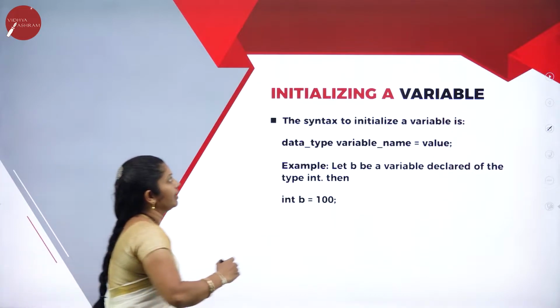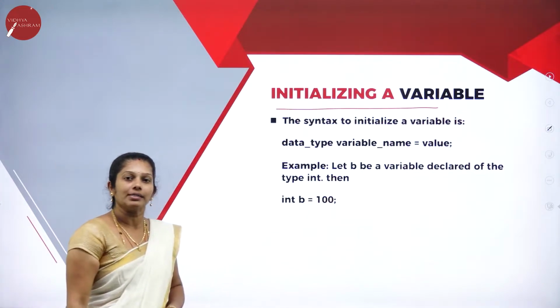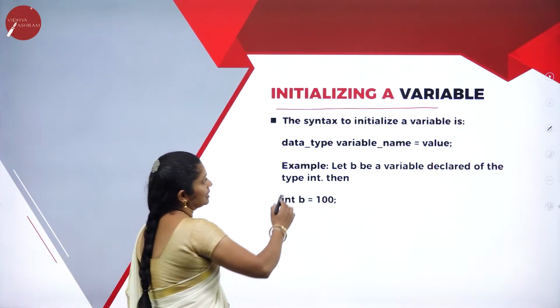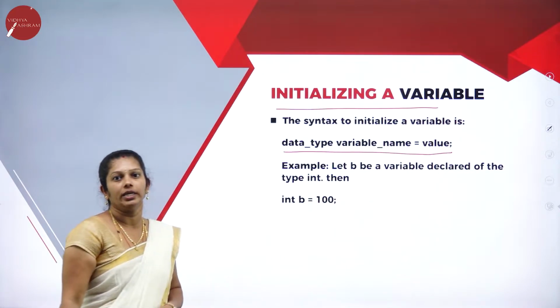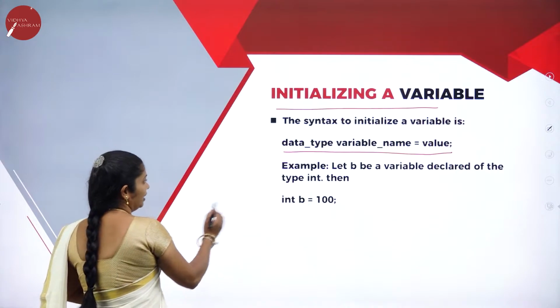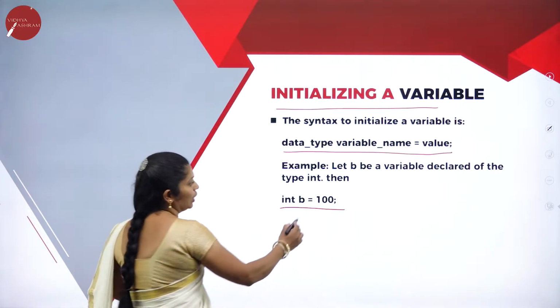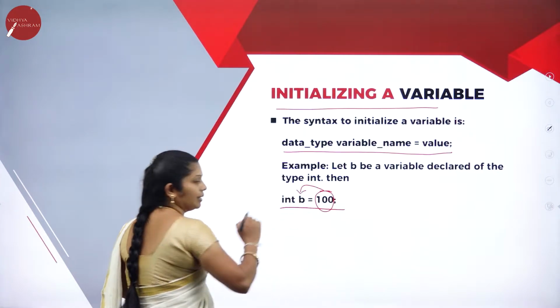Now we will explain how to initialize a variable, how to assign a value to a variable. The syntax is data type, then variable name equals value. For example, int b equals 100 means that we are assigning the value 100 to the variable b.